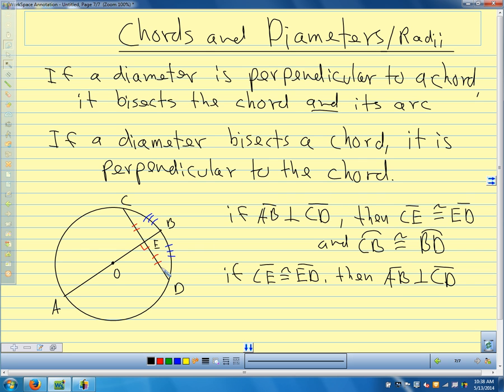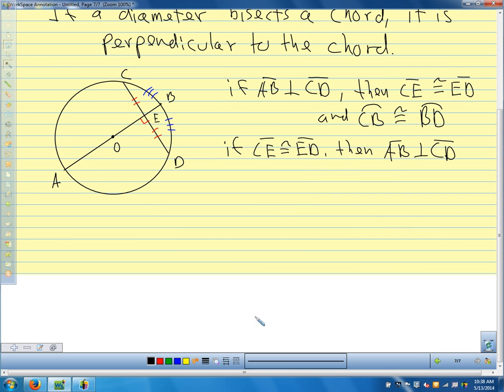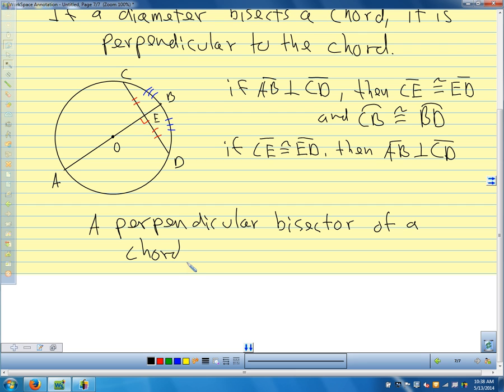And the other way that we can say this, it's really saying the same thing, is that if we have a perpendicular bisector of a chord, it is a radius or a diameter.